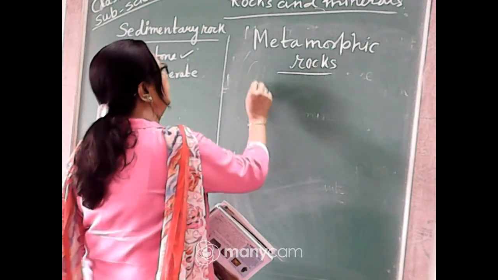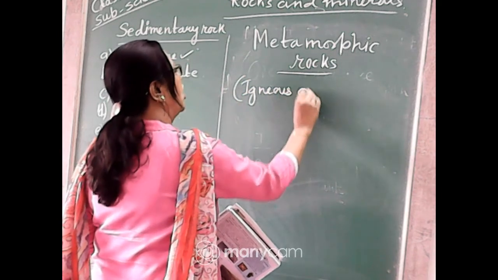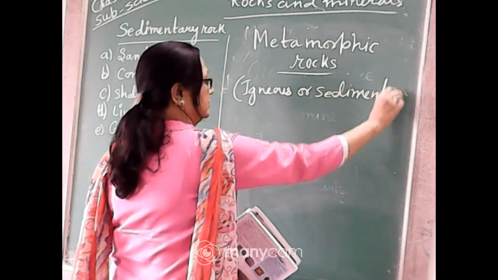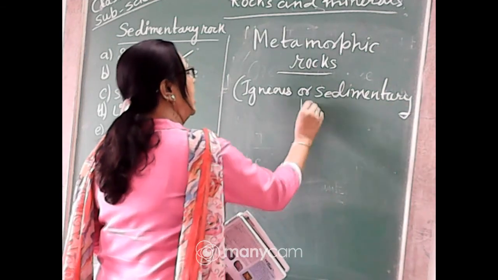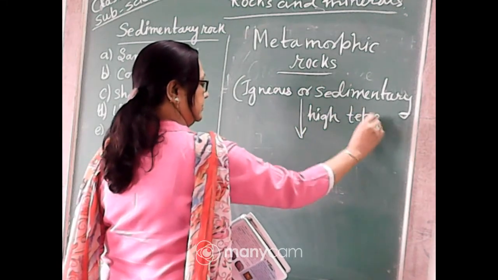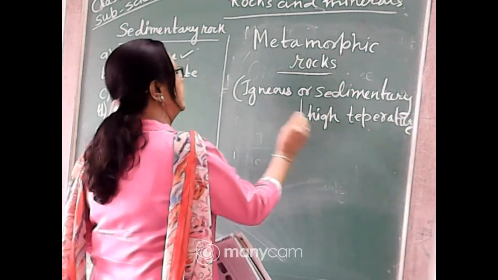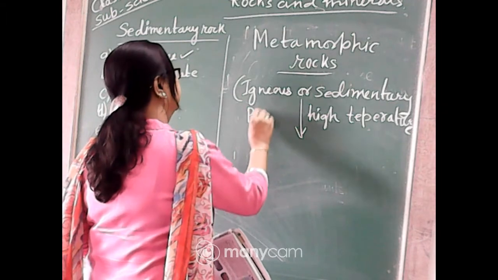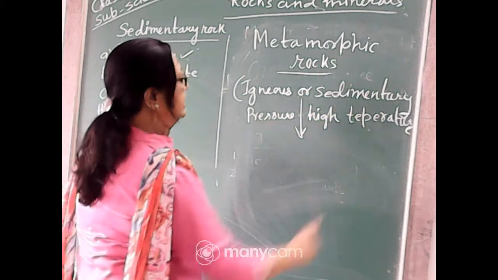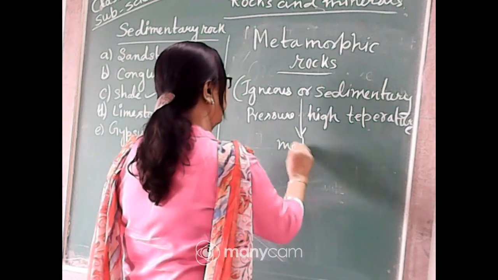Metamorphic rocks are formed from igneous rock or sedimentary rock due to high temperature and pressure. Igneous or sedimentary rocks, due to high temperature or pressure, change into metamorphic rock.